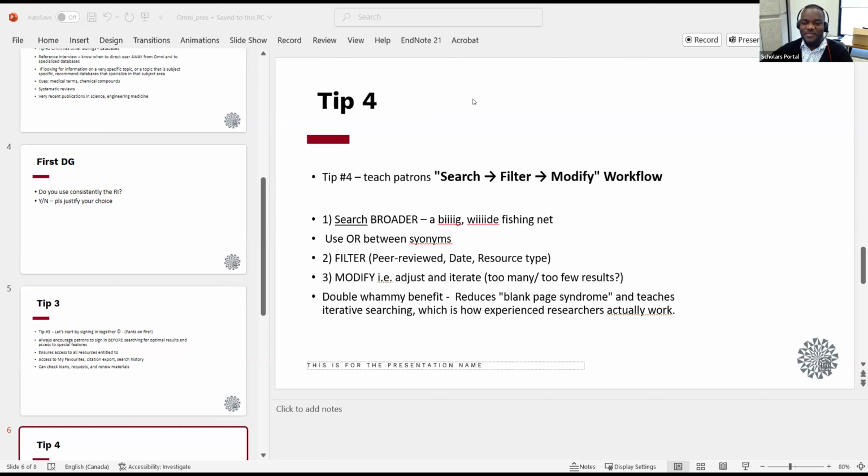Hi, Paul. You mentioned that we should avoid using a technical term or medical term on the search interface, and that we should use the special databases instead.